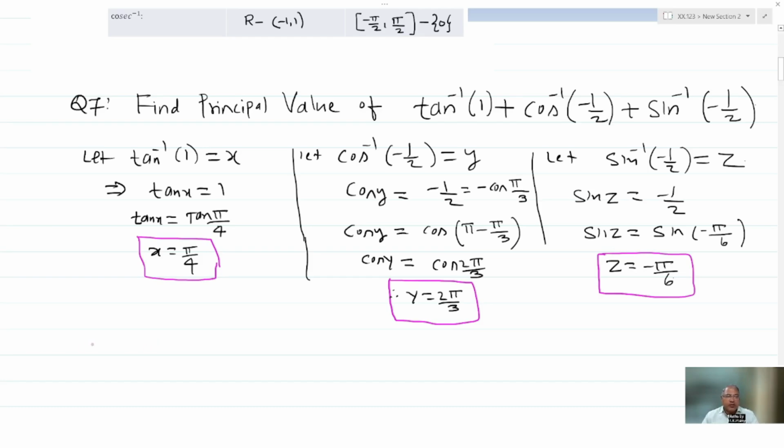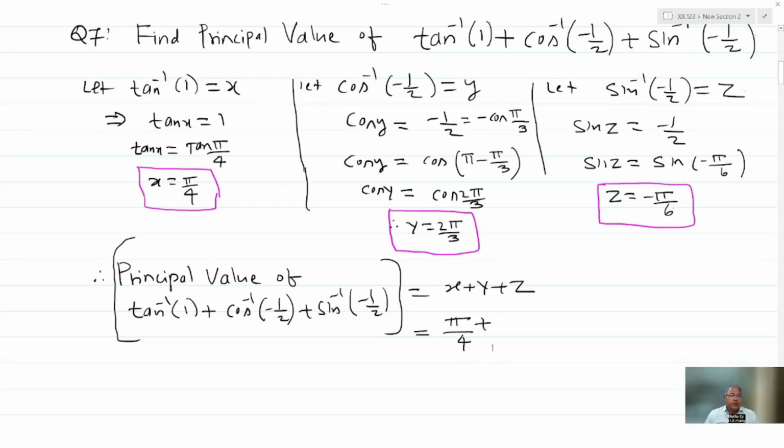Now the total principal value for the entire function can be obtained by adding the x value, y value and z value. Therefore, the principal value of tan inverse 1 plus cos inverse of minus 1 by 2 plus sin inverse of minus 1 by 2 equals x plus y plus z, that is pi by 4 plus 2 pi by 3 minus pi by 6, which is equivalent to 9 pi upon 12. So that equals 3 pi upon 4. This is the required solution.